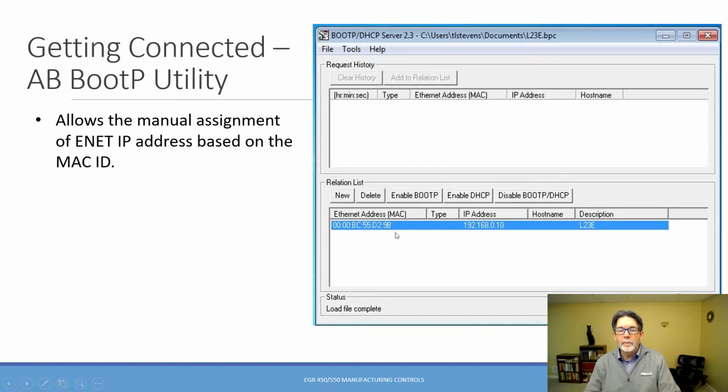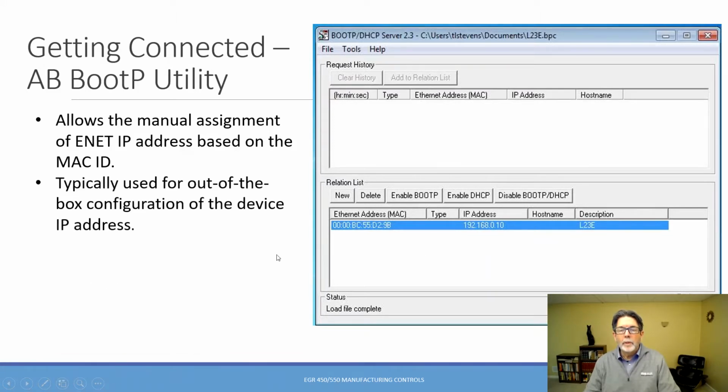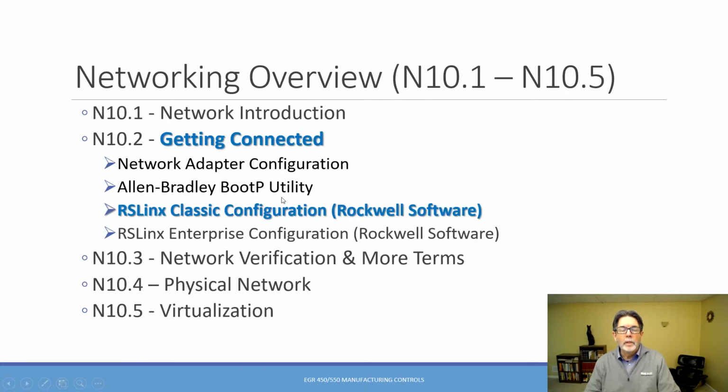So in this case, this MAC ID, which is determined by the manufacturer, is being given the IP address 192.168.0.10, and a description can be added here. So this is how we could configure something out of the box. This is one way to do it, and I've done it this way.